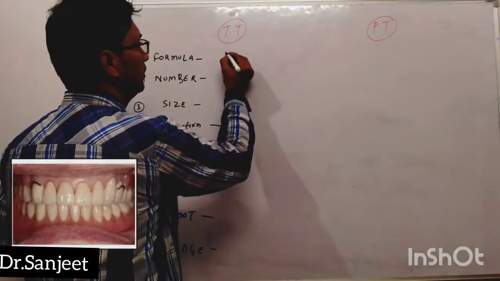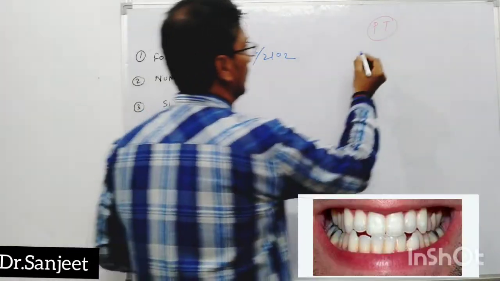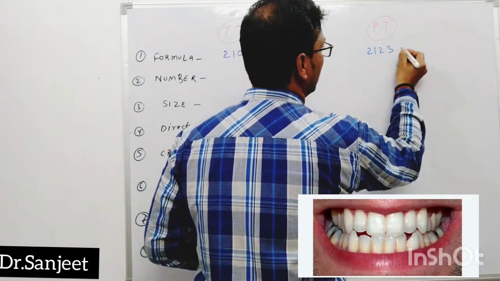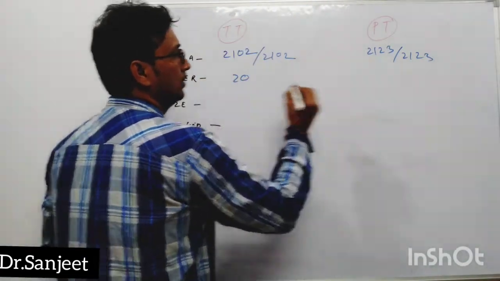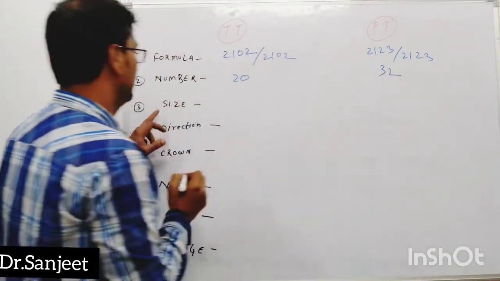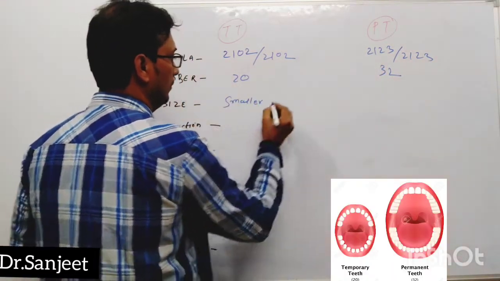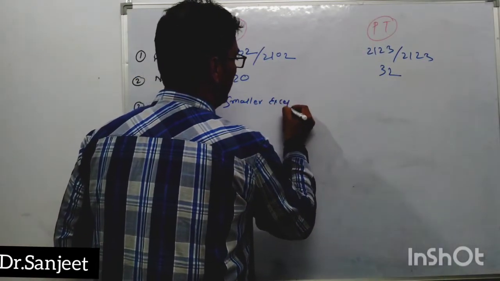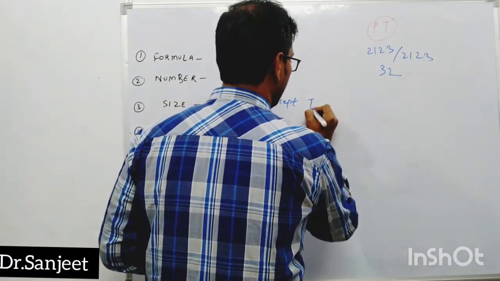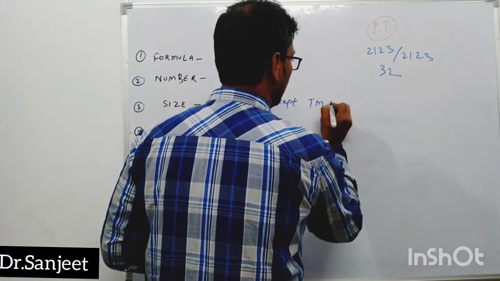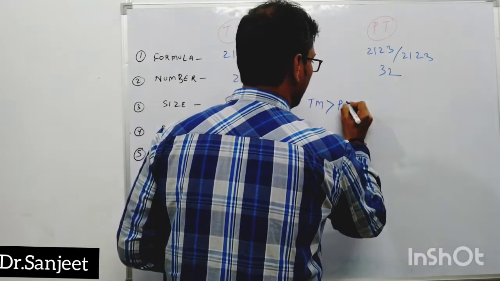Then the difference between the temporary tooth and permanent tooth. Formula for temporary tooth: 2102 by 2102. Here, 2123 by 2123. Number of teeth 20, 32. Size is smaller, but there is an exception: the temporary molar is larger than the permanent premolar.